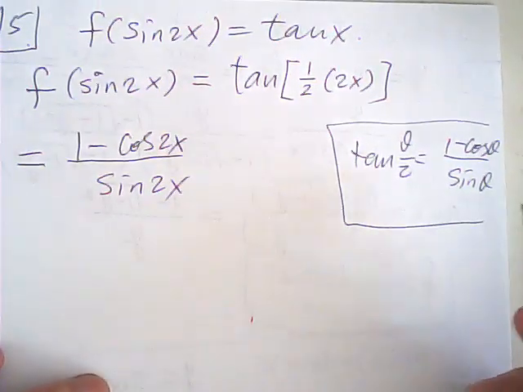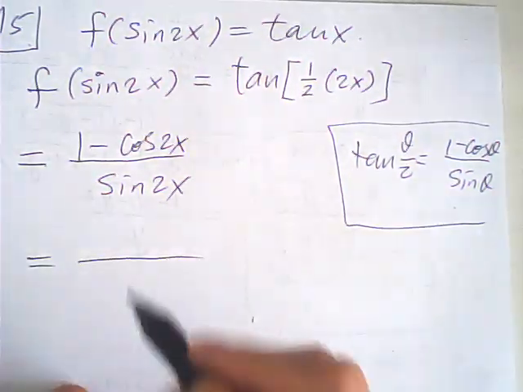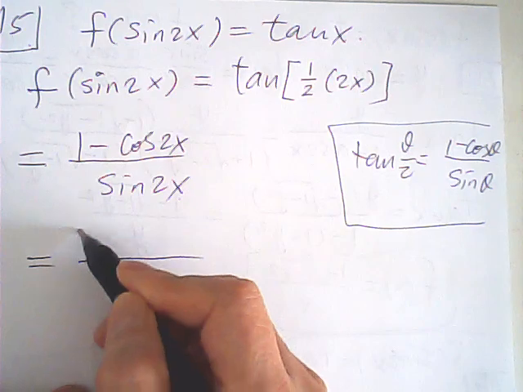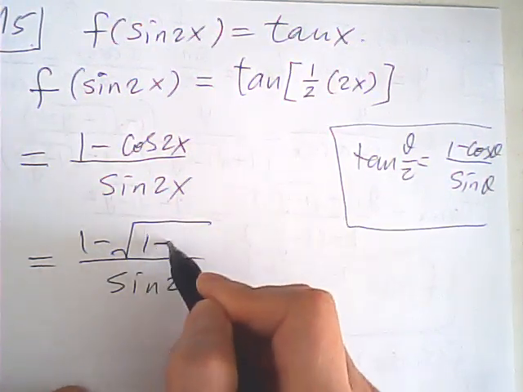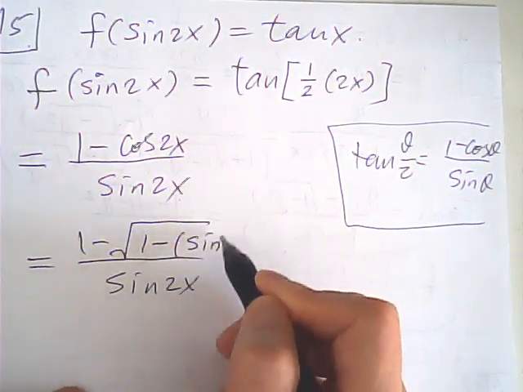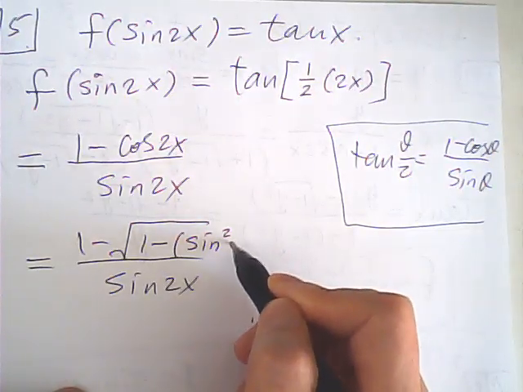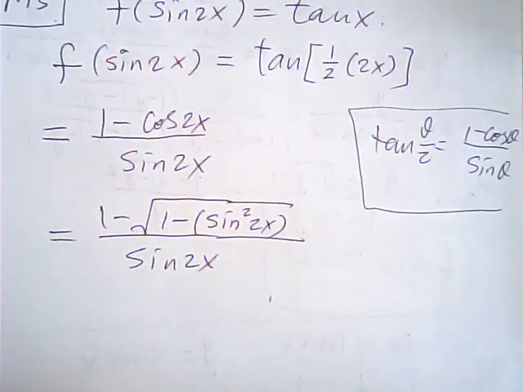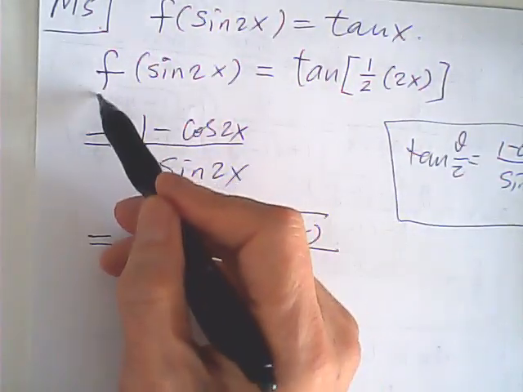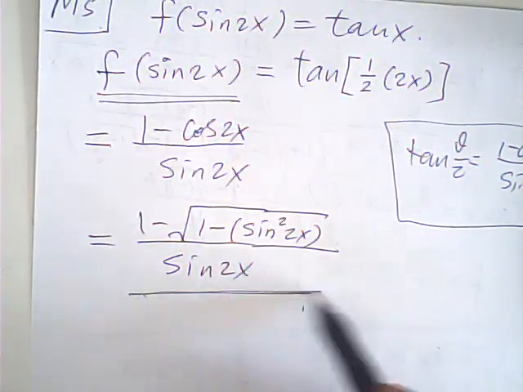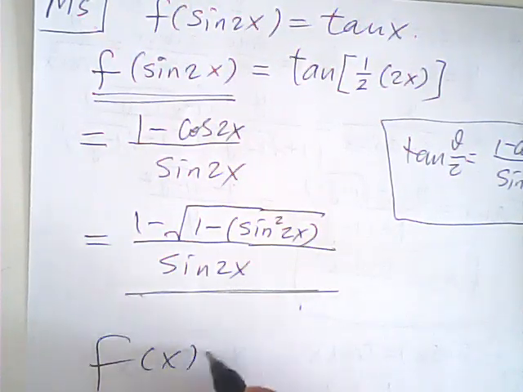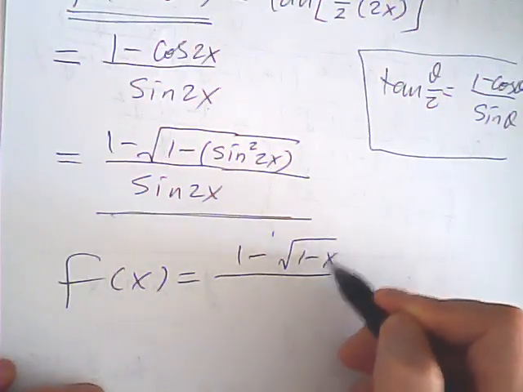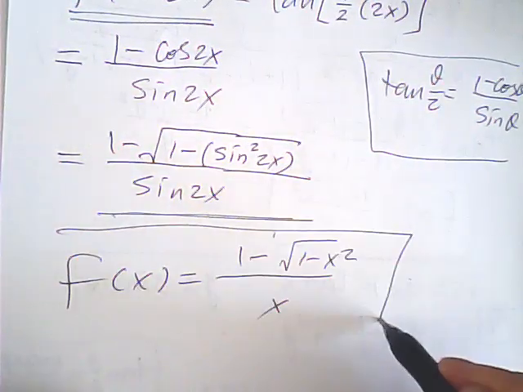Just use this formula. This one is equal to sine 2x, and this is 1 minus sine 2x squared, right? Yeah, this is equal to this. Therefore, f of x is equal to 1 minus the square root of 1 minus x squared over x. Wow.